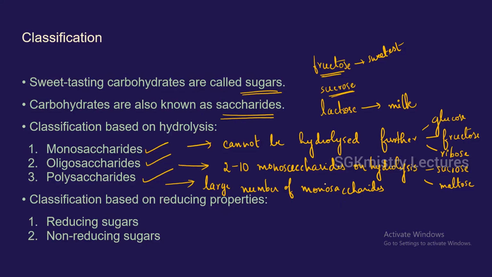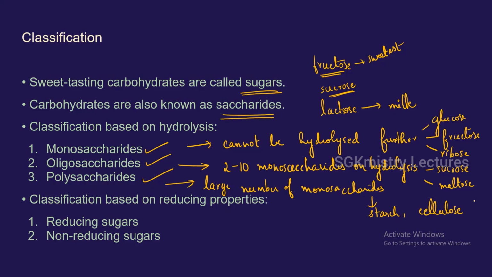I just gave a number like 100, 200. This is the general way of defining polysaccharides. Examples for polysaccharides are starch and cellulose. These are important examples which come under polysaccharides.